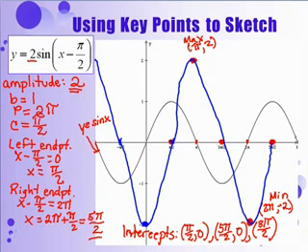And we'll have another maximum at negative pi. And here on this end, we're just going to continue up to our maximum value again. And there we have a complete drawing of y equals 2 sine of x minus pi over 2. And you can see that your period is still 2 pi.